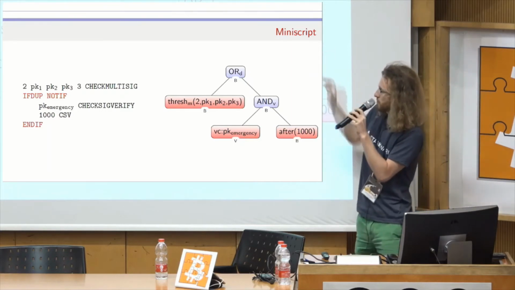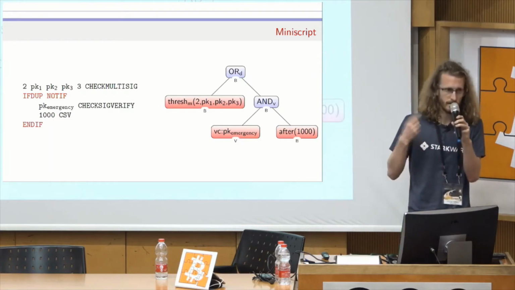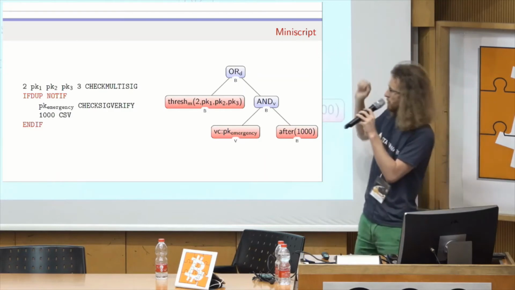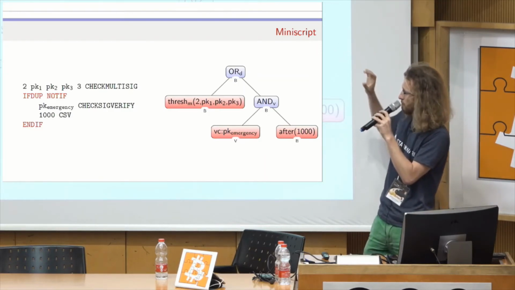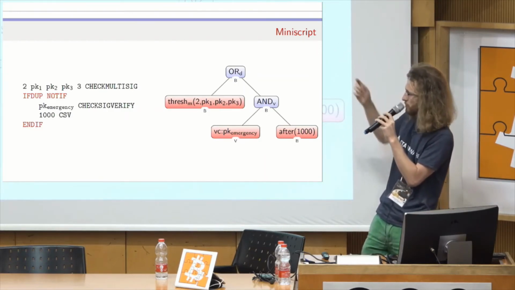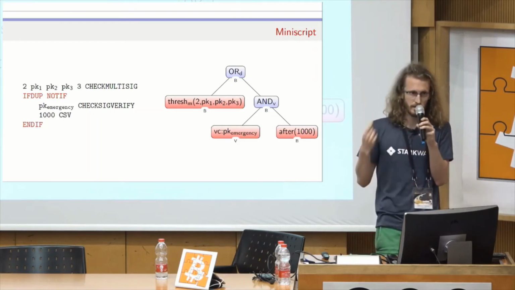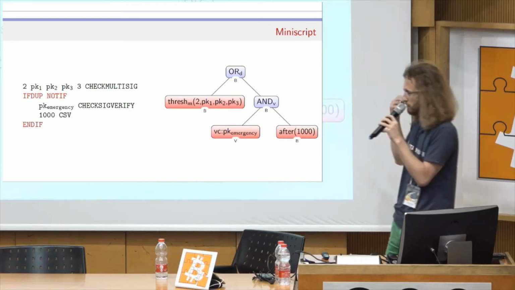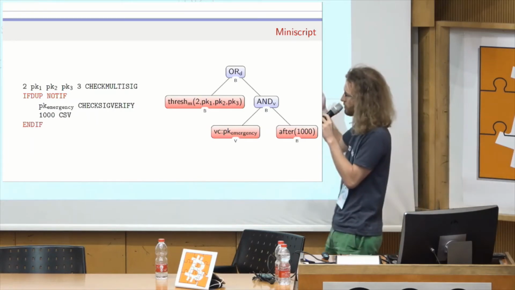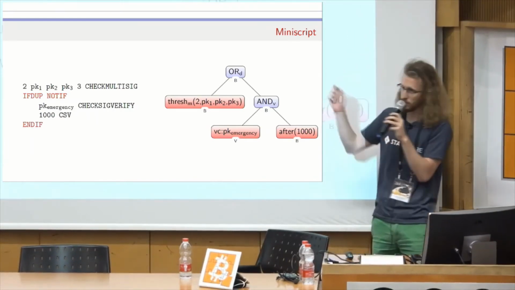Whereas if you look at the representation on the right, first of all, it's visually obvious what the policy looks like. And then programmatically, there's a whole ton of questions that suddenly become very easy to answer. If you have a set of keys, are they necessary to satisfy this? Are they sufficient to satisfy this? If you have signatures, how do you assemble a witness for this?